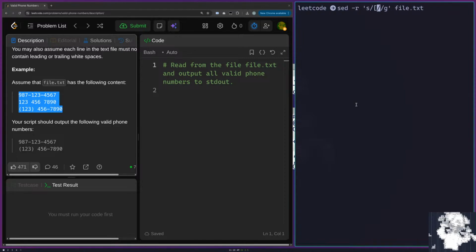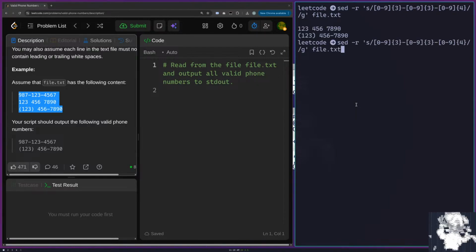You have to do the 0 to 9, 3, dash 0 to 9, 3, dash 0 to 9, 4. Oh, and then I just took those and I replaced them.